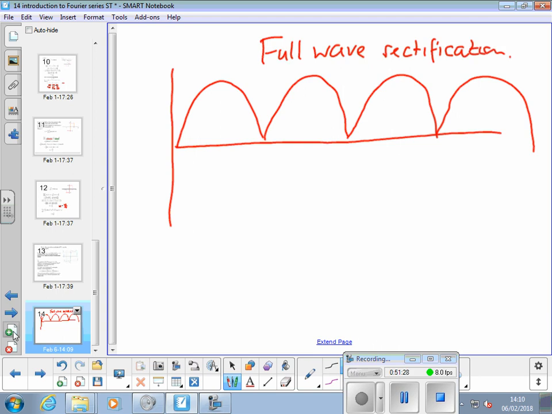The example I've got is only 5 volts, but it could be much higher than that. So first thing you do is, as Lewis said, bridge rectify the AC waveform.